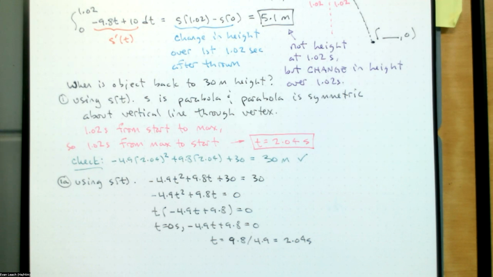We can also think about this in terms of the velocity. That would require a little more physics, but our initial velocity was 10 going up. When is our velocity going to be 10 going down? So we could also use the velocity.